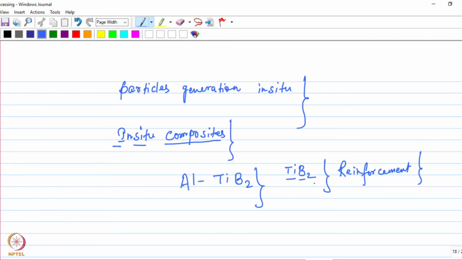Okay, so what is done here, you add some precursors of titanium and boron into the melt, and let them react to form these TiB2 particles. There could be many precursors which can be added, but the simplest and the most economical ones are the salts.